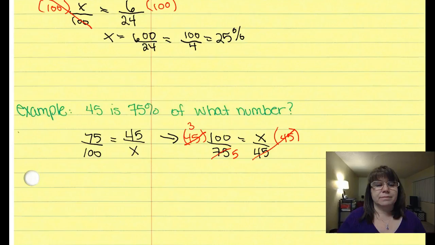I'm just trying to reduce as best as I can. 5 goes into 120 times. So the only thing I am left with is 3 times 20 is 60. X equals 60. Okay, I know that's a little messy, but I was just reducing.